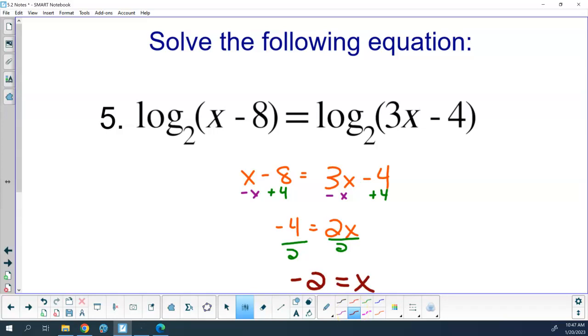Anybody check it? Okay, let's check it. Log base 2 of that would be negative 10, right? What exponent can I put on positive 2 and get negative 10?